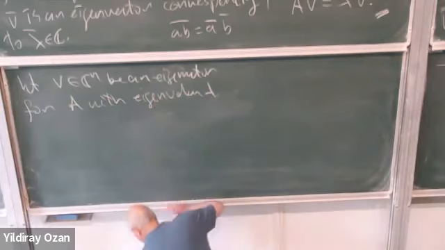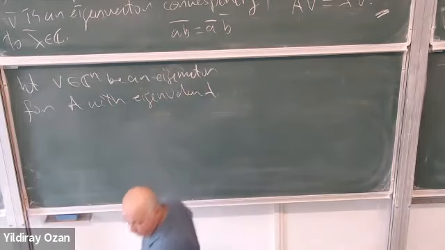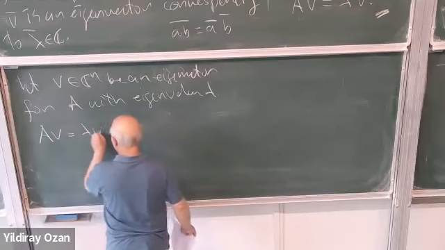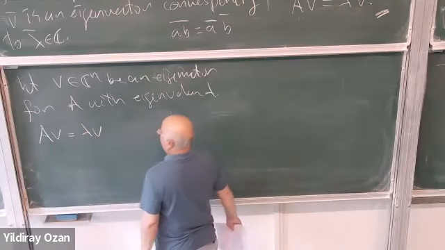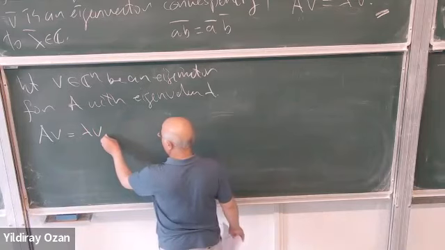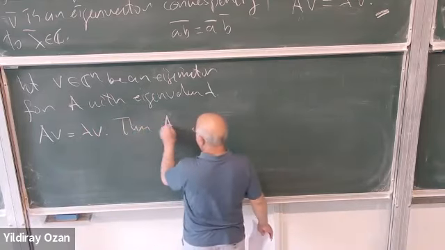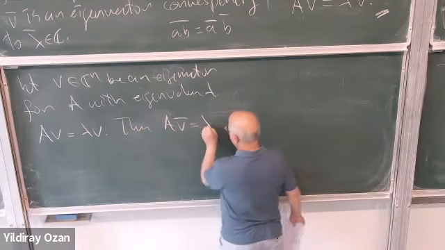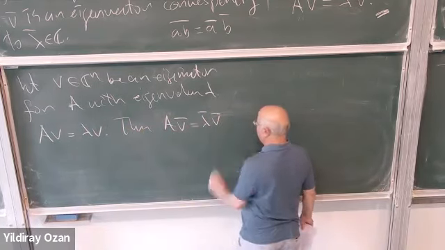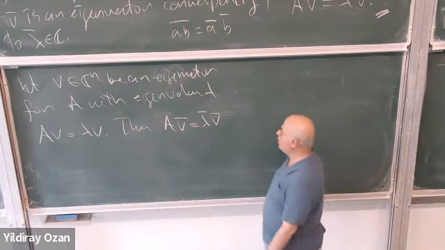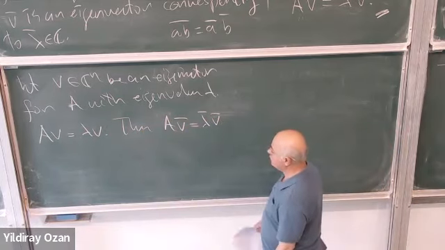So we have A times B is just lambda times B. Then we know that A B bar is lambda bar B bar, right? So it's another eigenvalue and eigenvector.